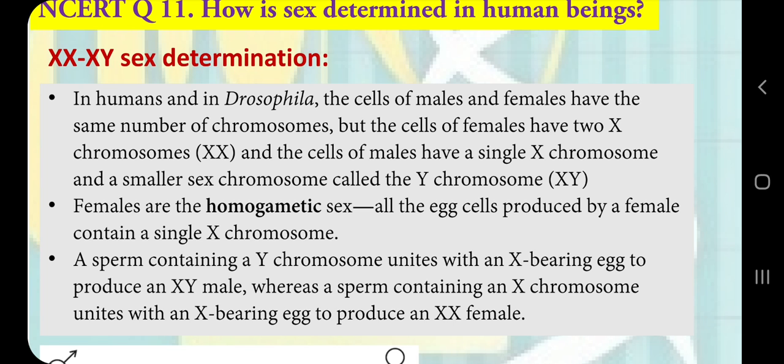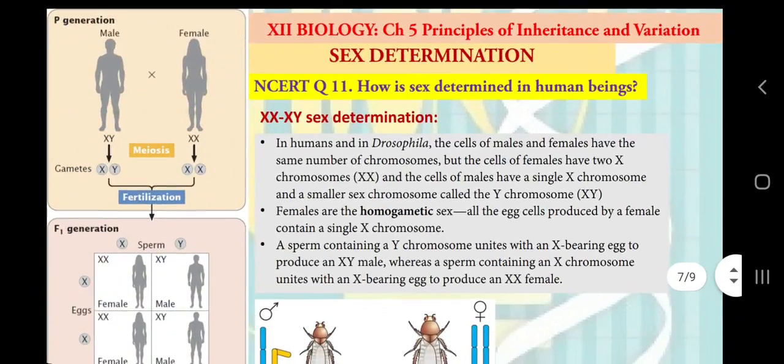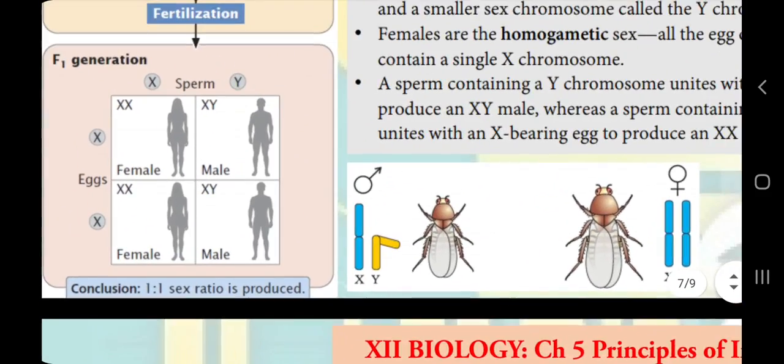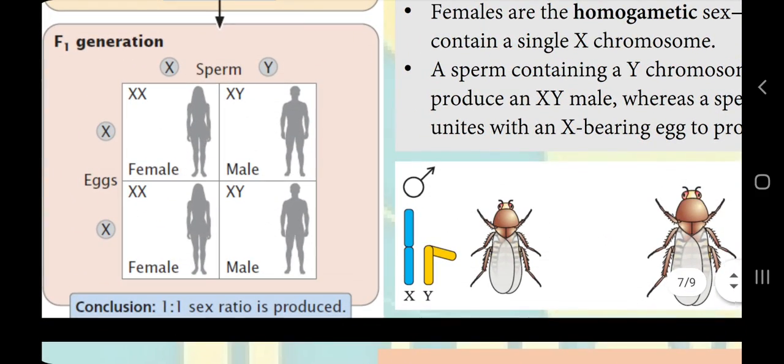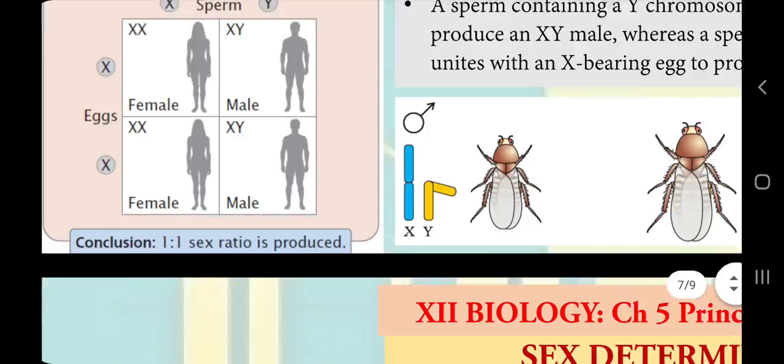So females are the homogametic sex. Homo means same. All the eggs produced by a female contain a single X chromosome. A sperm containing a Y chromosome unites with an X-bearing egg to produce an XY male, whereas a sperm containing an X chromosome unites with an X-bearing egg to produce an XX female. It is very obvious from this Punnett square, or this representation of the genetic cross.